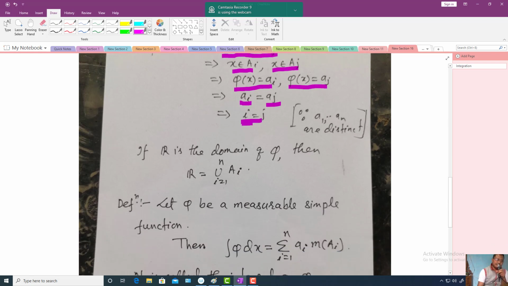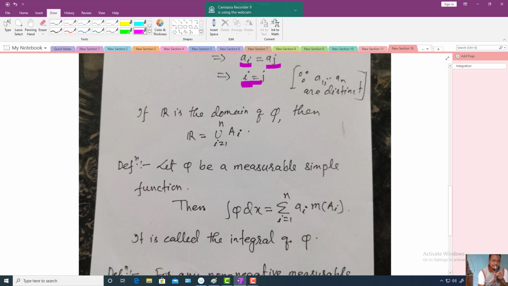Suppose the whole of the real numbers R is the domain of the function phi. From here you can easily see that R is equal to the union of these finite sets Ai.